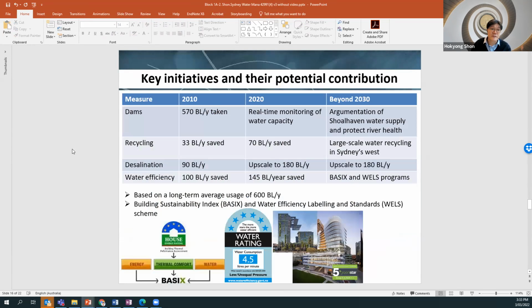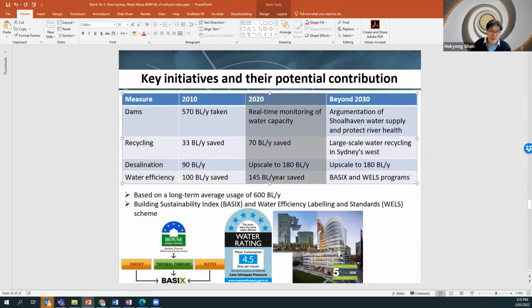And this is the overall picture of dam, recycling, desalination, and water efficiency. We are here in 2020. The real-time monitoring is almost done, and we have saved recycled water, almost 15%, 70 billion liters per year. But this will increase further because nowadays we are considering some city-level large water recycling projects.